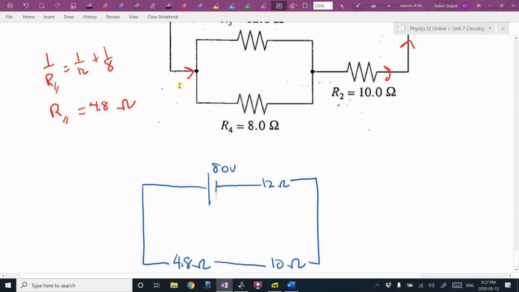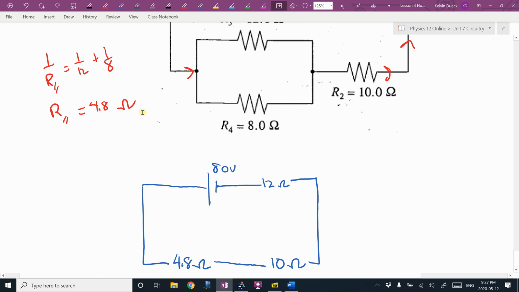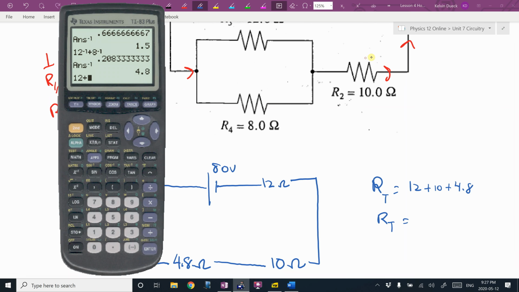That's the mathematical equivalent to the original circuit. Since these are all in series, our total is just going to be 12 plus 10 plus 4.8, which is 26.8 ohms.